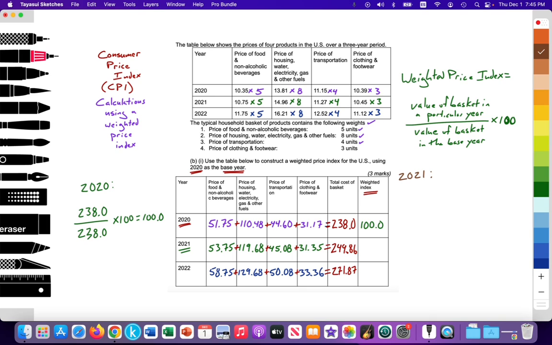So we're going to take the value of the basket in that particular year, $249.86, divided by the value of the basket in the base year, which is 238.0, multiplied by 100. If you take that number, divide by 238, you're going to get 104.98.